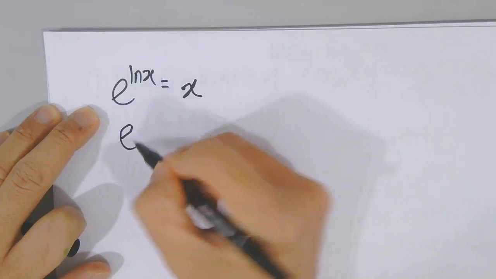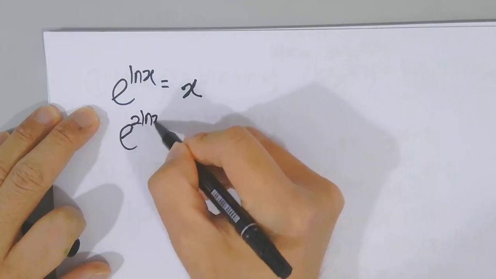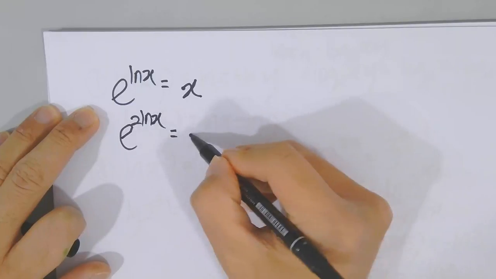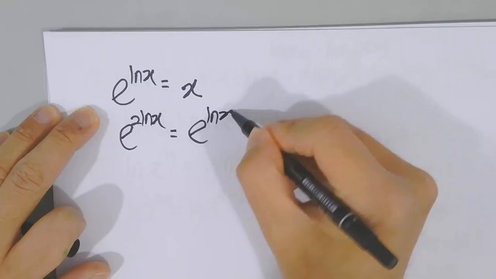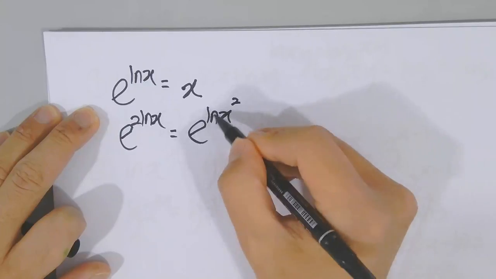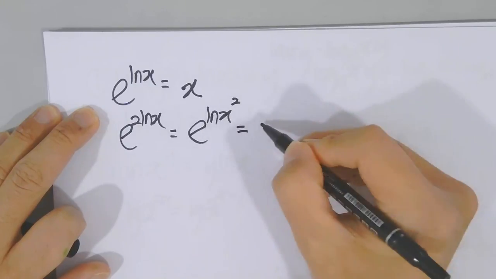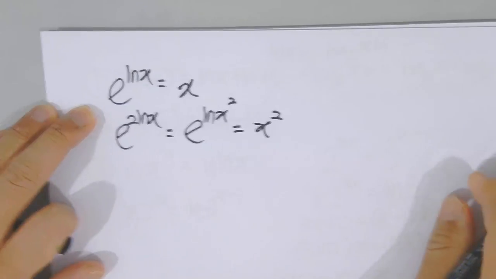What happens if you have 2 ln x? You have to make sure that you simplify this by bringing the 2 up with the x, so x squared, before you rewrite this in the form of x squared.